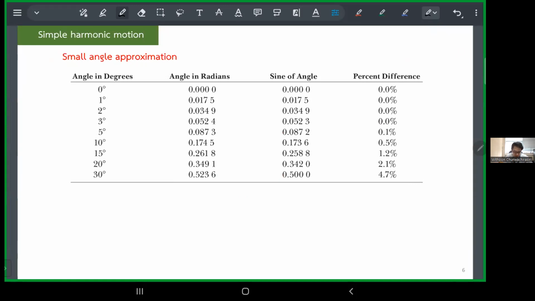As you can see, up to about 10 degrees, pretty close. Sine theta and theta are almost the same. And if you run 1 or 2 degrees, up to the 4th digit, they are exactly the same. So when the angle is really small, sine theta can be approximated as theta. That's a valid approximation there.